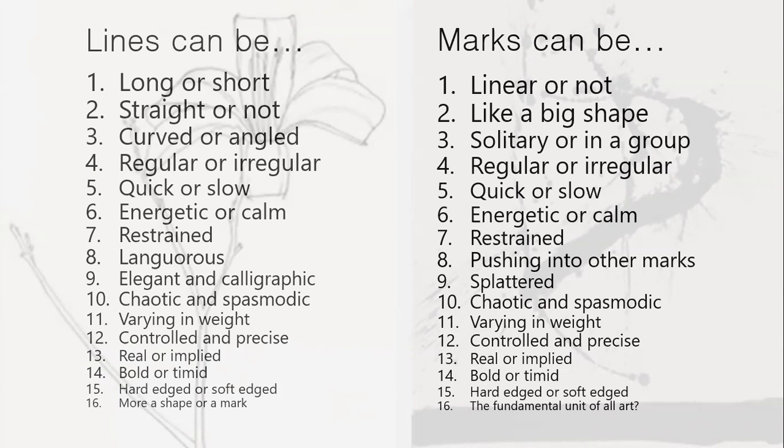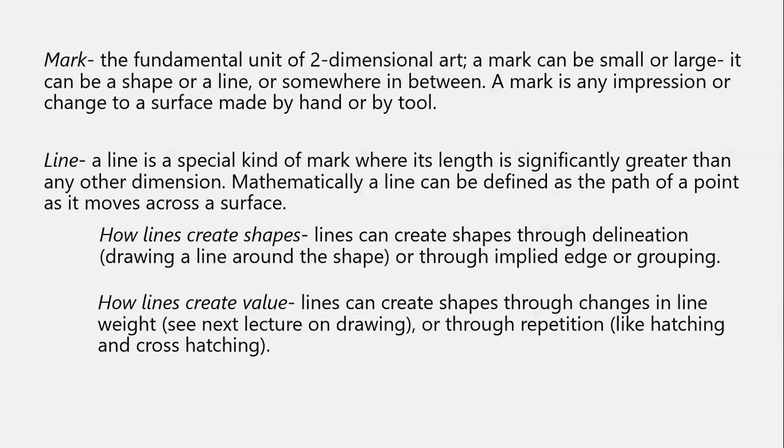The main thing I want you to understand is that there's a lot of similarity between these two lists. The ways that lines can vary are very similar to the ways that marks can vary. There are some differences, and we'll talk about what the differences are between lines and marks, but more than anything else, I want you to get the idea that there's a lot of similarity between these two. If you want to take the time to look at each of the places where there is a difference, you can pause the video.